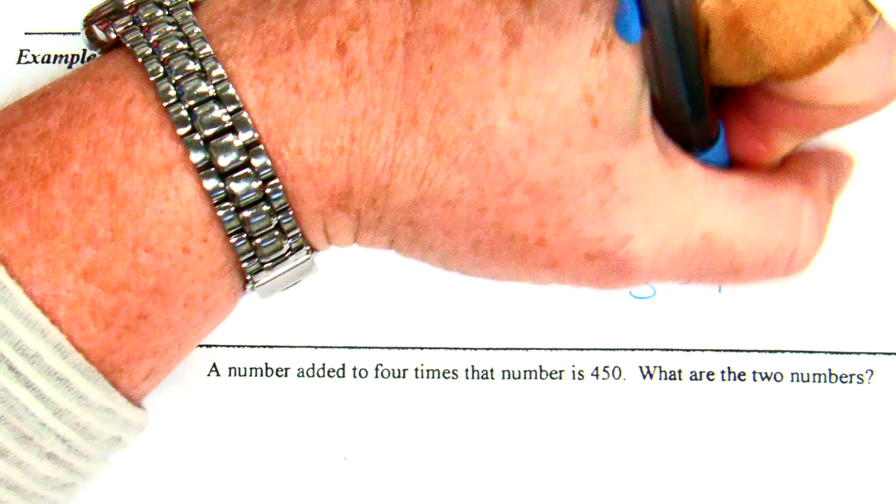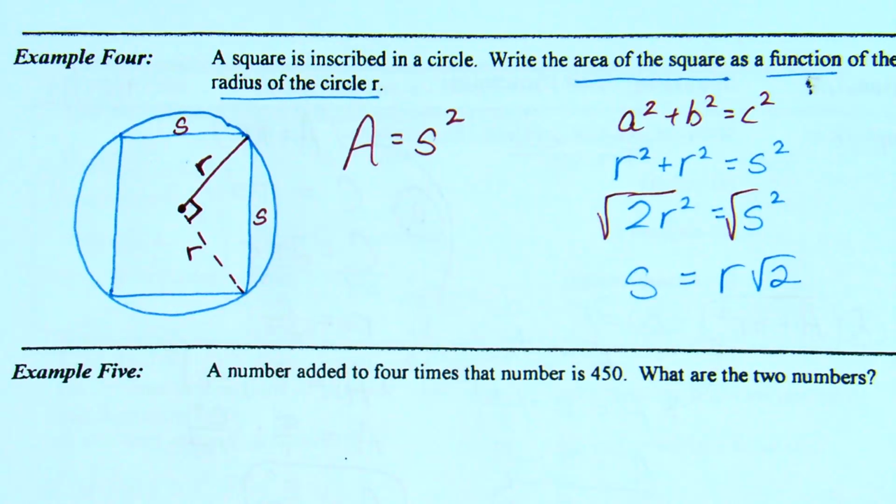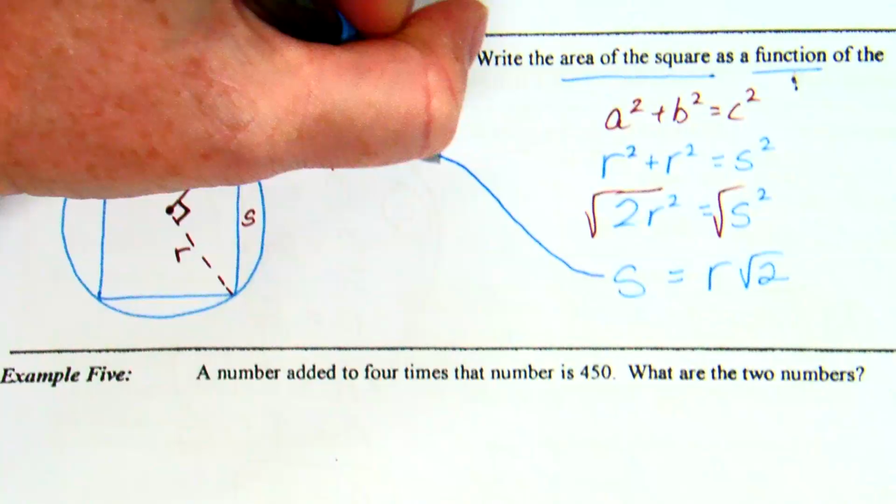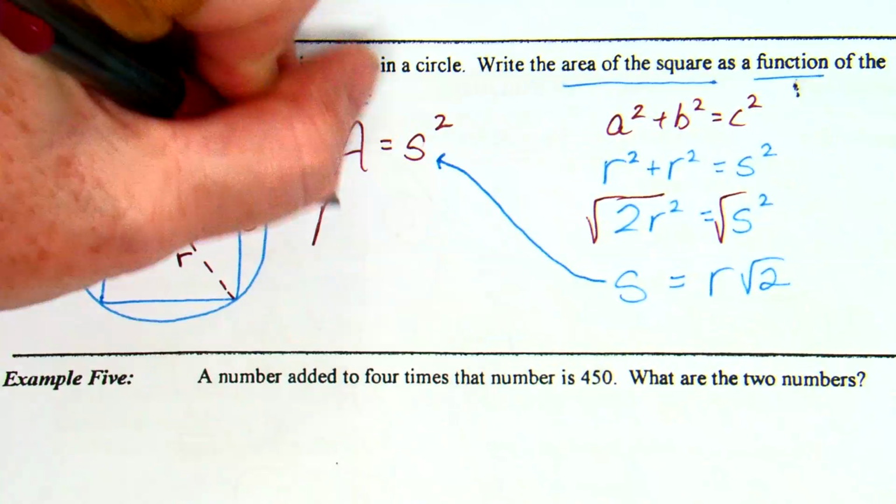If this had been the square root of R squared plus 2, it would be a no-go. That's the difference. Now, what am I wanting you guys to do with this S? Plug it in. So now my formula becomes A equals, what am I putting in place of S?